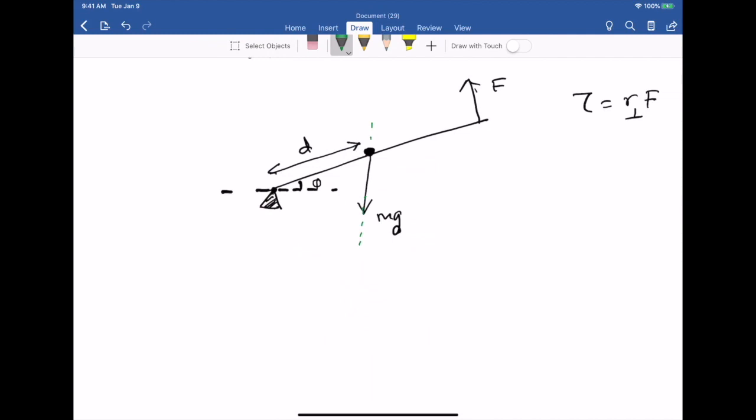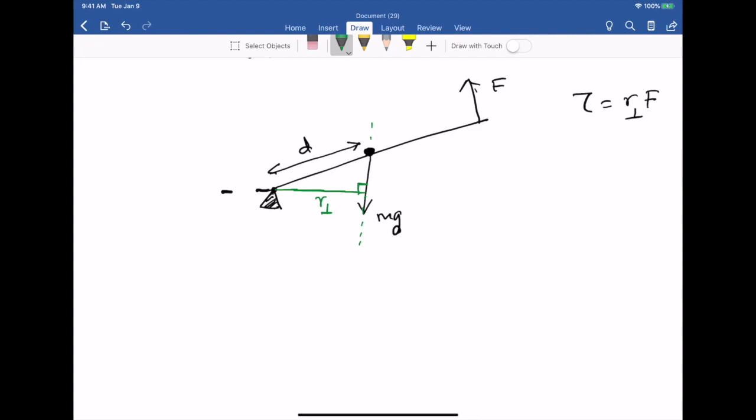And then you draw a perpendicular from the reference point down to that line. This angle is 90 degrees. Okay. This distance is the lever arm, our perpendicular, right?